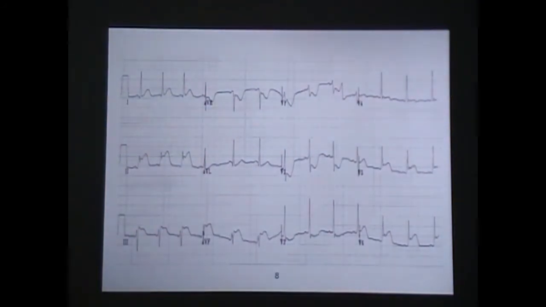All right, what jumps out? Elevation in 2, 3, AVF. 5, 6. What else? A lot of reciprocal changes. Yeah, depression is the one. Do I see anything that I got reciprocal changes here? This is kind of a weird reciprocal change to me, but this also jumped out at me.